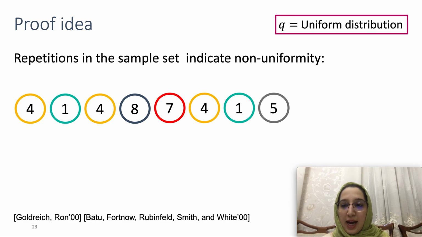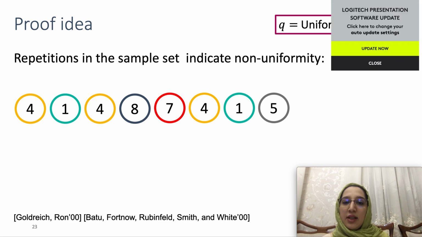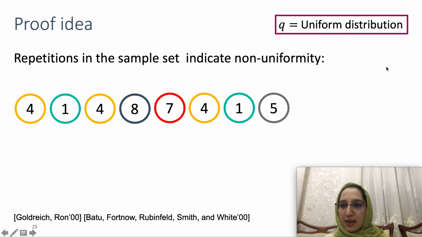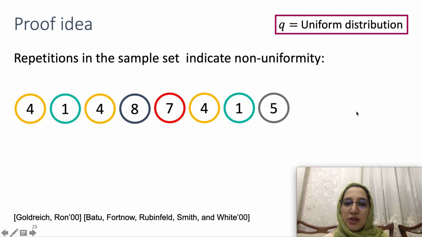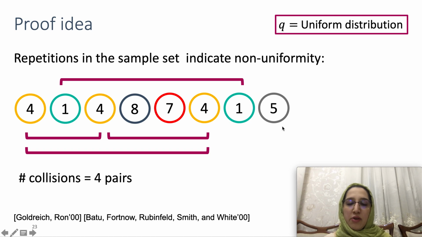So if we have a sample set that contains many repeated samples, we essentially draw the conclusion that the underlying distribution is non-uniform. The way that we quantify the repetition is that we count the number of pairs of the samples that are equal. So for example, in the following sample set, we have 4 pairs consisting of equal samples.